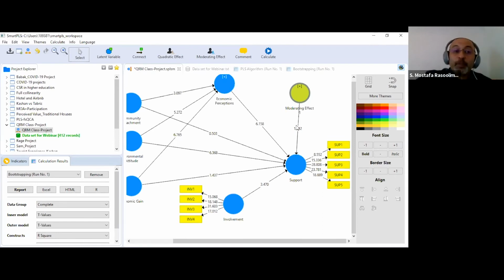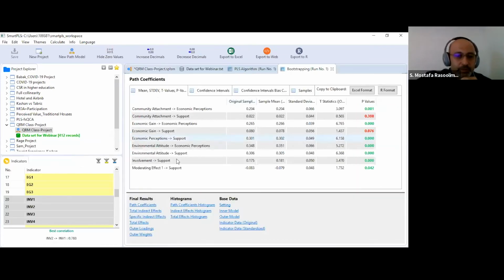But if in the hypothesis we have a sign, a direction, and our hypothesis is one-tailed, we should interpret based on the sign of the beta coefficient of the interaction, right?